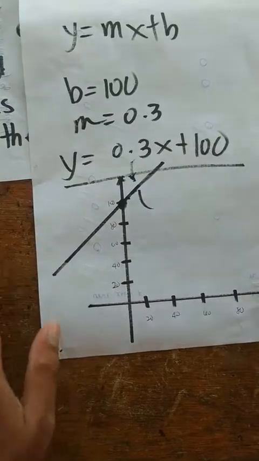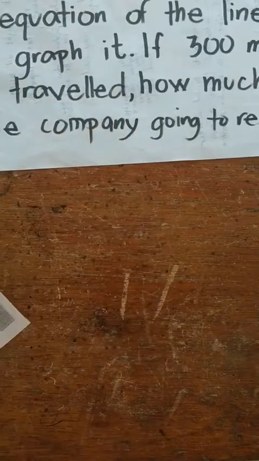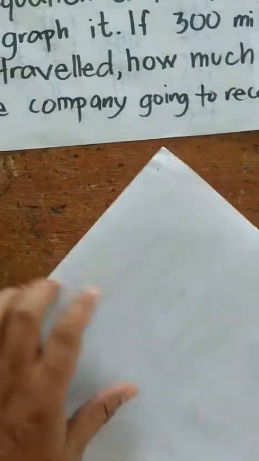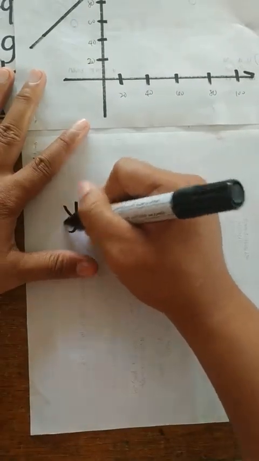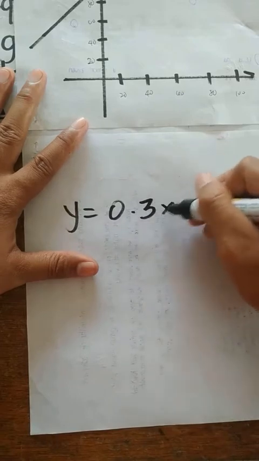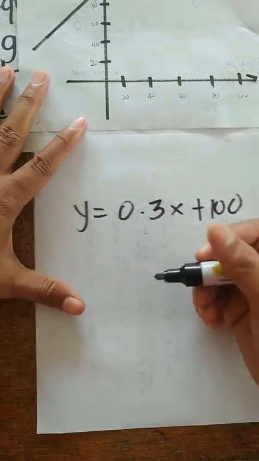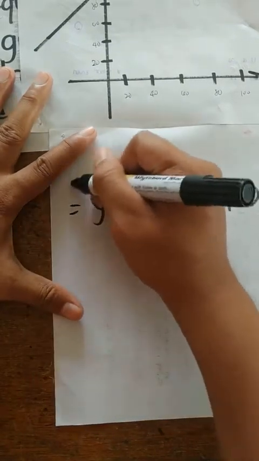The next question asks, if 300 miles was traveled, how much is the company going to receive? From our equation, y equals 0.3x plus 100, we can actually write that as f of x.